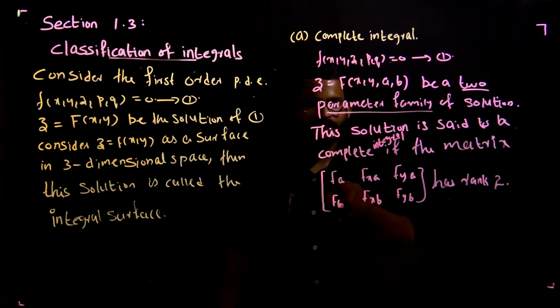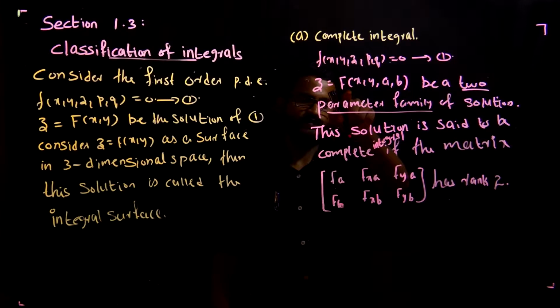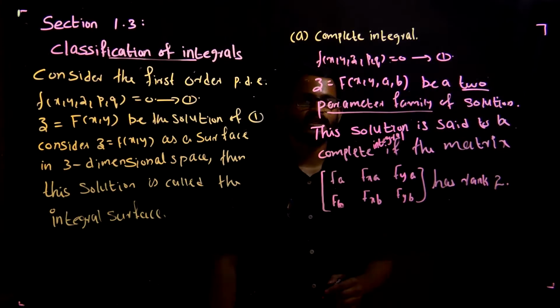And what is F_a? F_a means differentiate this solution F partially with respect to a, and F_b is differentiate F partially with respect to b, and of course F_xa, F_ya, F_xb, F_yb are also the partial derivatives. Now this is the complete integral.